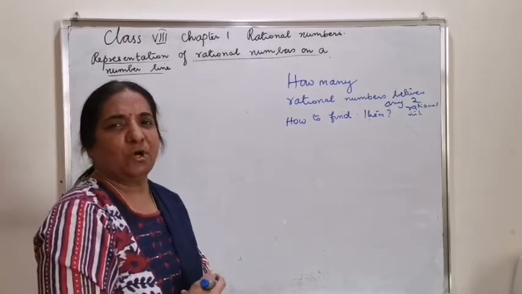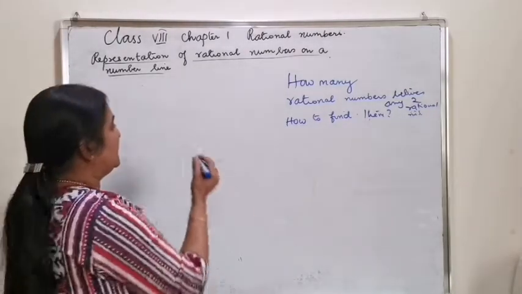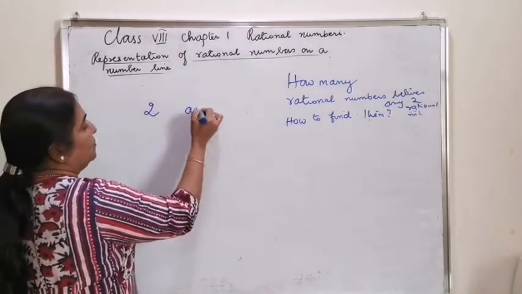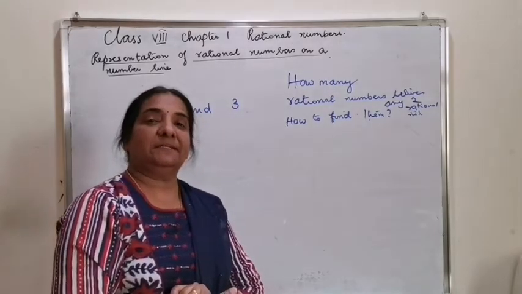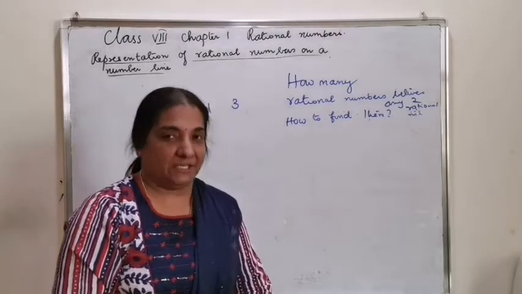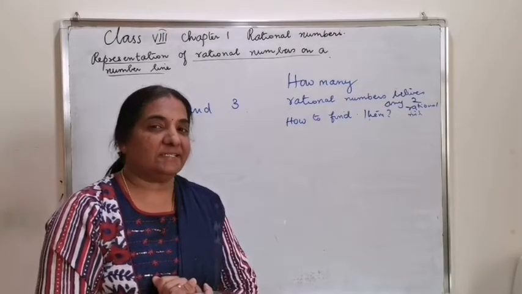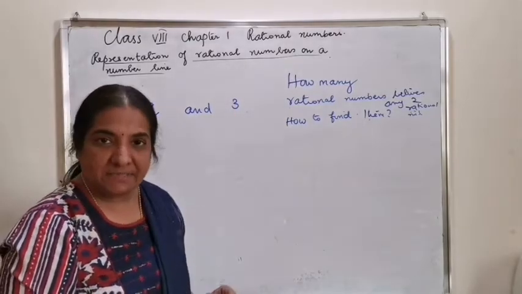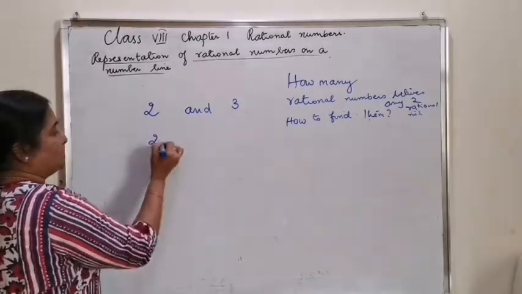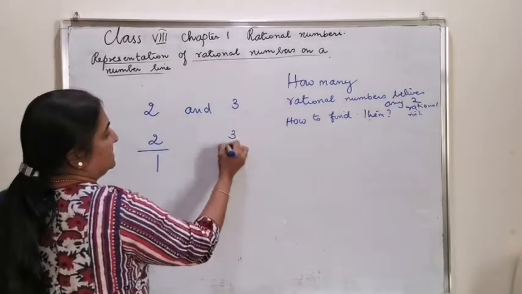Let me take a very, very small example of numbers 2 and 3. Let's see what is a rational number. Any number of the form P by Q, where P and Q are integers. How do you represent 2 and 3 as rational numbers? You can write 2 as 2 by 1, 3 as 3 by 1.